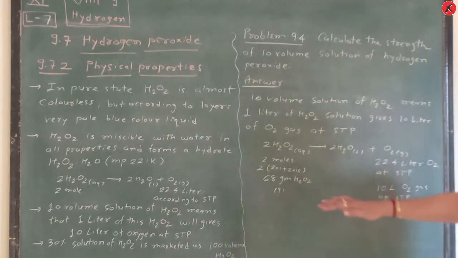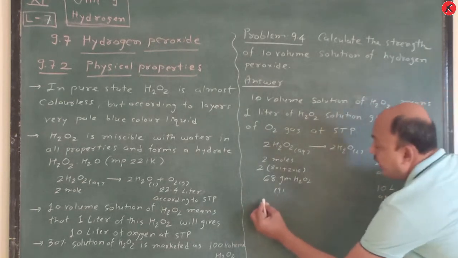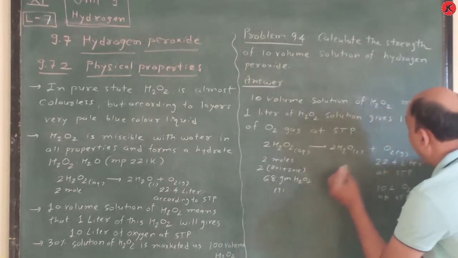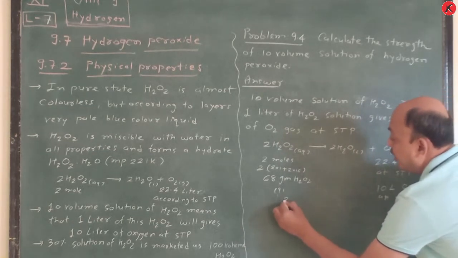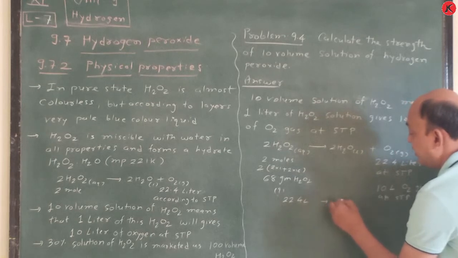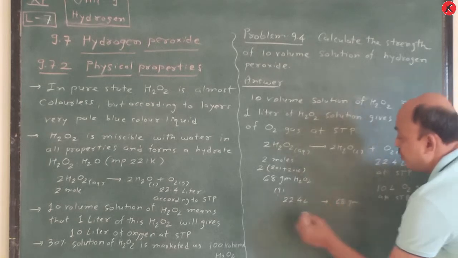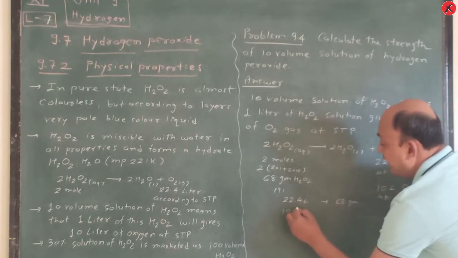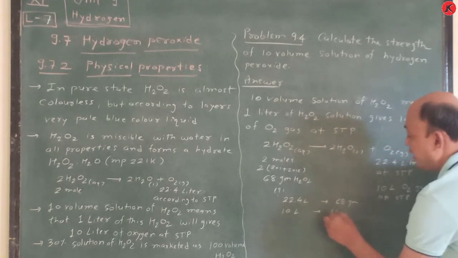So here you change your method according to the unitary method. 22.4 liter O2 gives 68 gram H2O2. So 10 liter O2 gives what?